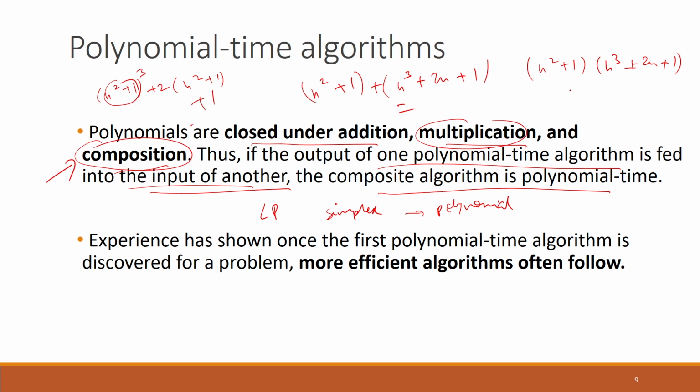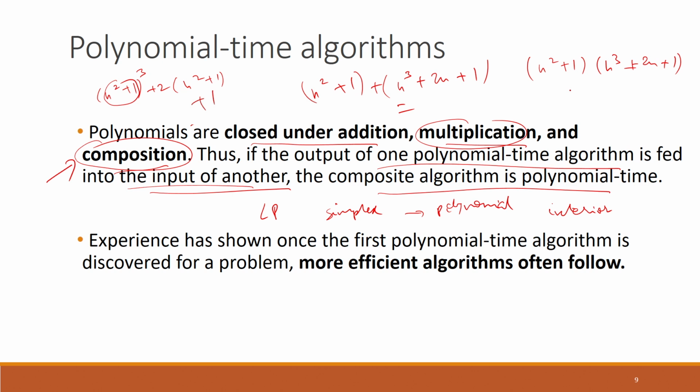And then finally in 1980s, Narendra Karmarkar discovered these interior point algorithms, which are polynomial time algorithms, and practically very efficient, and nowadays any solver which is solving a linear program will have one of the variants of these interior point algorithms.